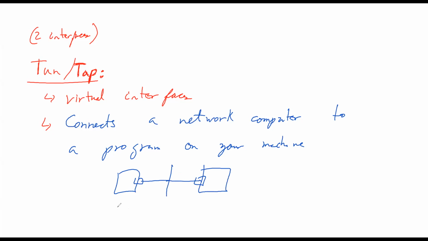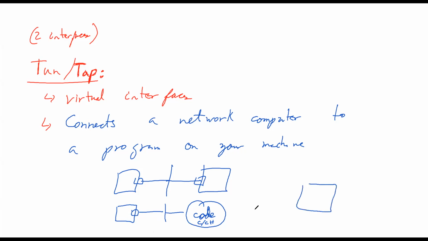But TuneTap does something a little bit different. It's almost like it does this to code, a C, C++ program, where the program is actually running on the same machine. So it's almost like a connection to itself, right?